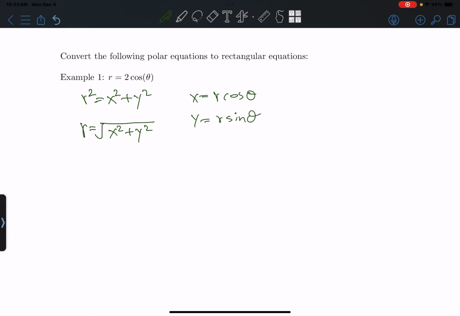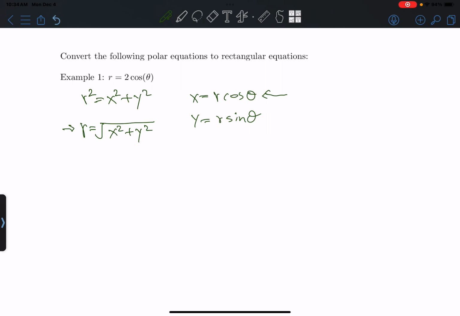So if you look at this equation as is, the r equals 2 cosine theta equation, there's no easy way to directly substitute things in. You have to either solve for r using this equation, or rather solve for theta using this equation by dividing by r on both sides, and you have to use this equation, which is dealing with a big radical.